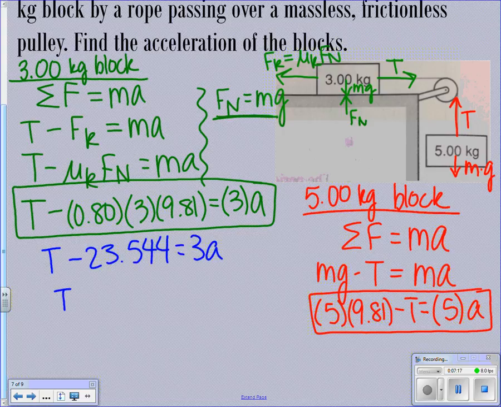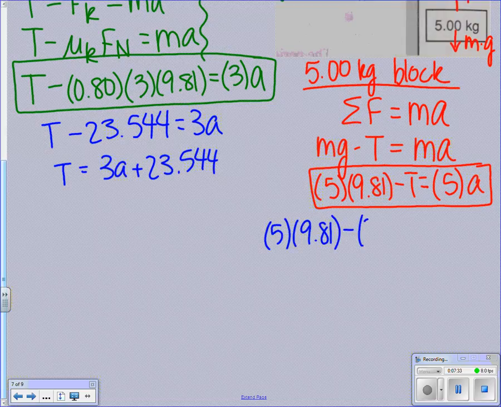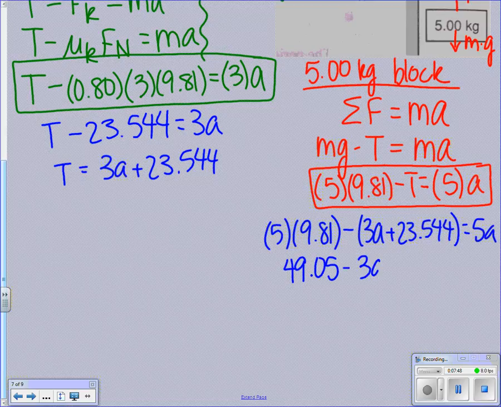And I'm going to solve for T. And then I'm going to plug that into this equation down here. 5 times 9.81 minus (3a plus 23.544) equals 5a. So you need to distribute your negative sign across your parentheses and multiply those 2 numbers.